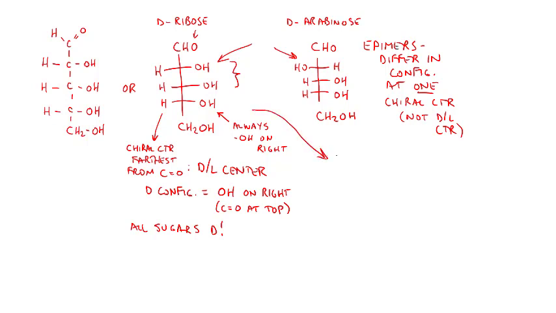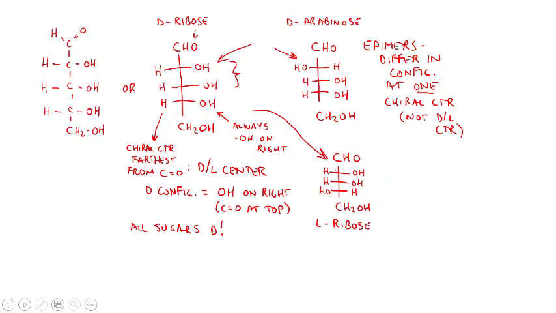If you were to take your original ribose and invert the DL center, so that you had the OH on the left, like that, at this point you have L-ribose. It's still considered ribose. So in other words, it's only those chiral centers up there that determine the name of the sugar.